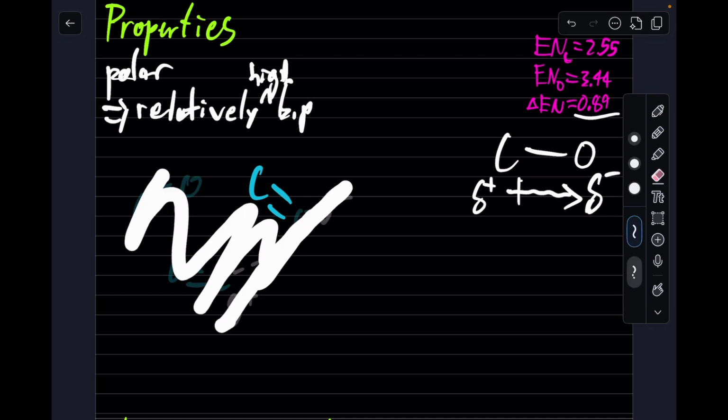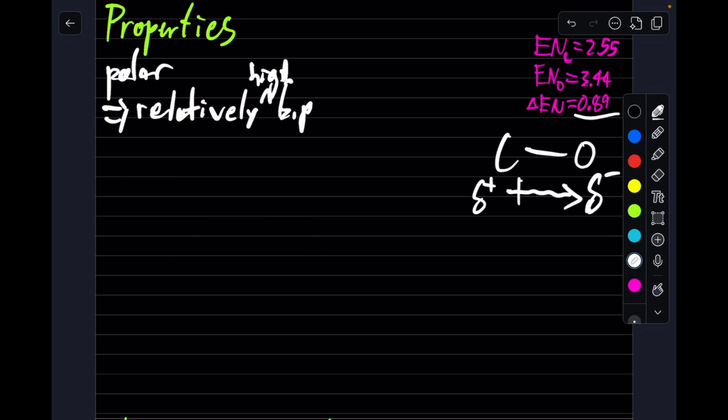And these are especially strong when the oxygen is bonded to a hydrogen. For example, in water, they experience particularly strong dipole-dipole interactions, and they are called hydrogen bonds.